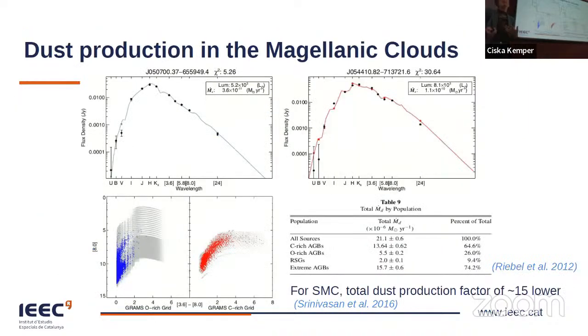So what we did was we looked at the production of dust in the Magellanic Clouds. And you can do this by constructing a grid of spectral energy distributions, like I showed you before, where you are modeling the dust emission coming from an AGB star. And we have two different chemistries here.